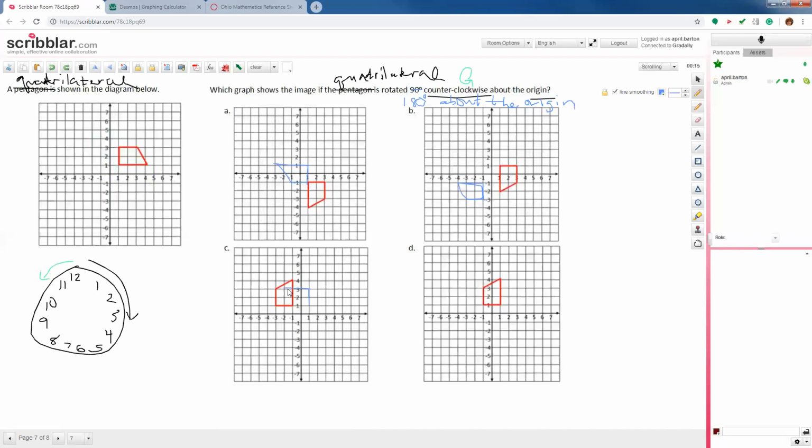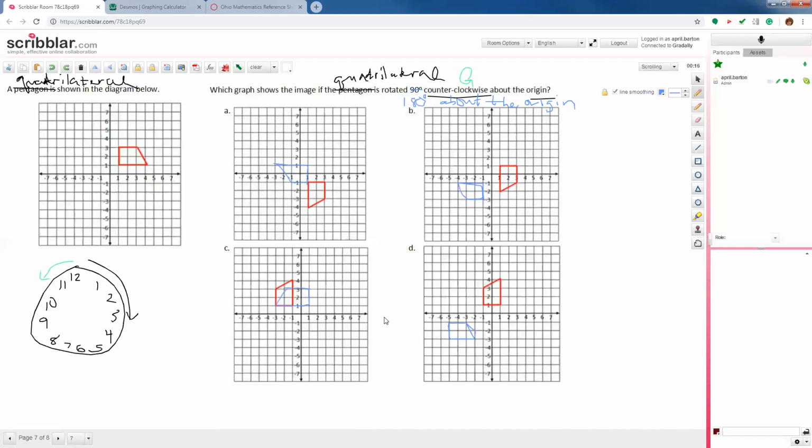Okay, so the blue ones are the new answer choices. Let me get one more. This way. Okay, so from our new blue answer choices, which one was rotated 180 degrees counterclockwise about the origin?